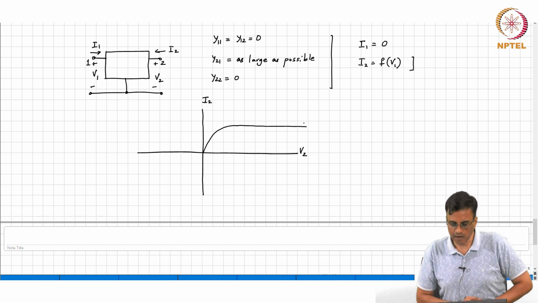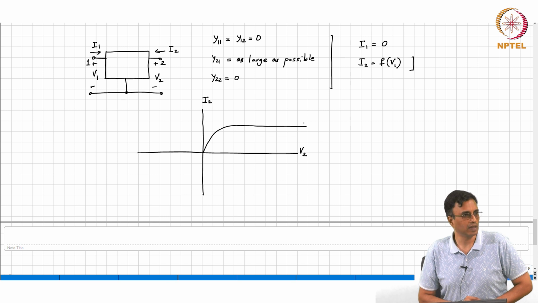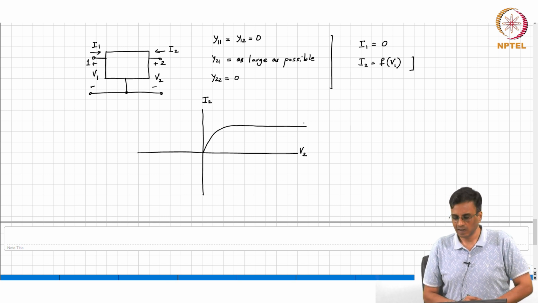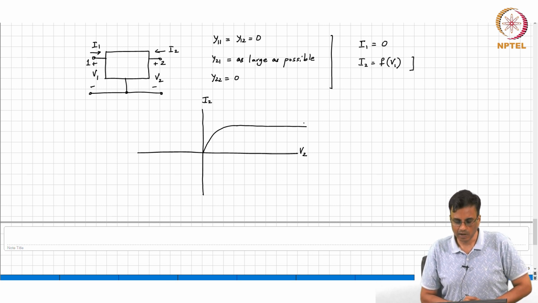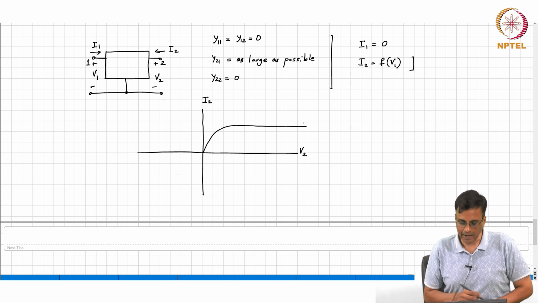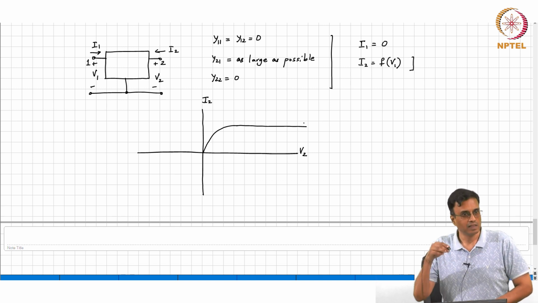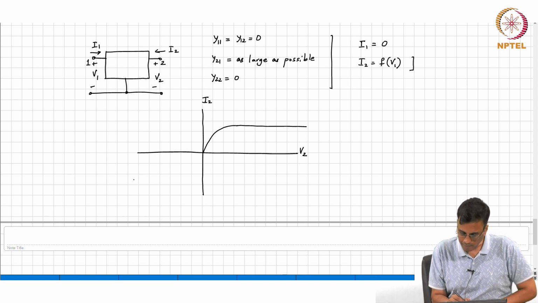So the first quadrant behavior basically led to the NMOS transistor. And because you can have something in the third quadrant, it is not surprising that you can also find electronic devices which have a characteristic in the third quadrant. So basically you have something like this.